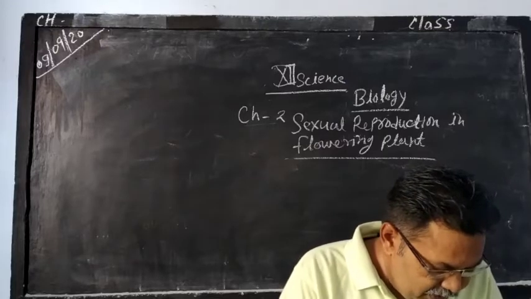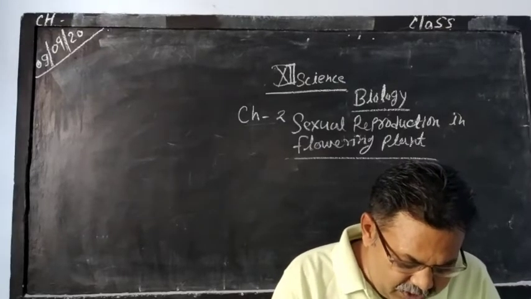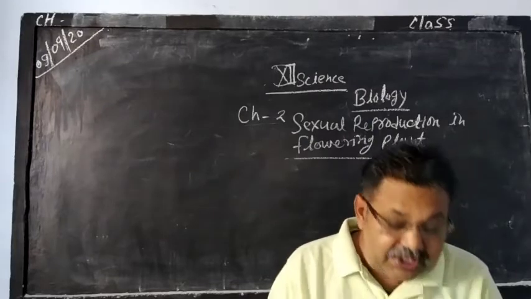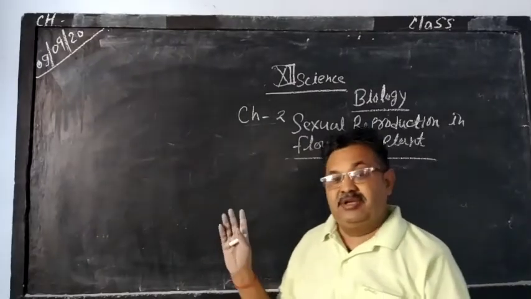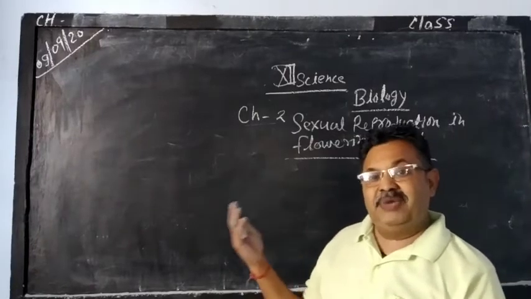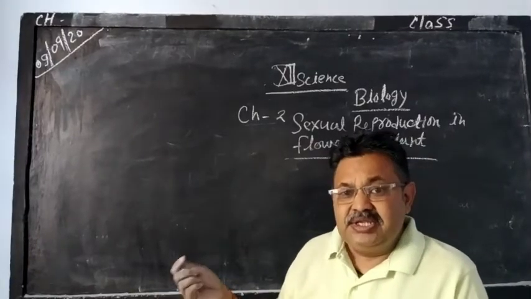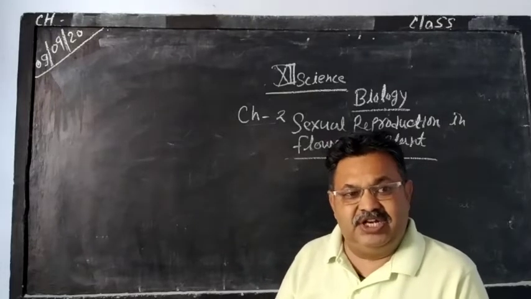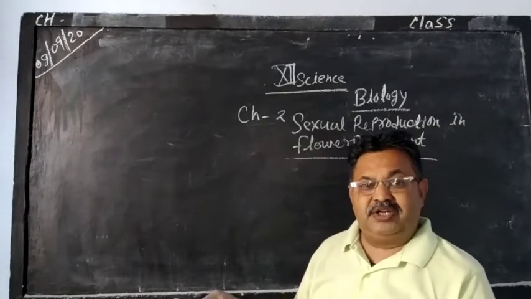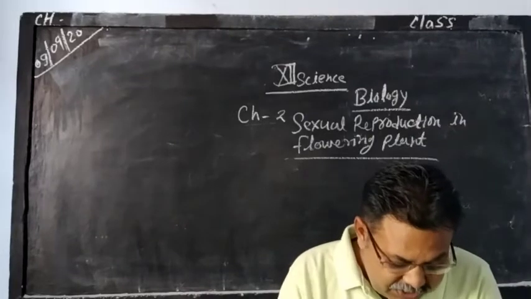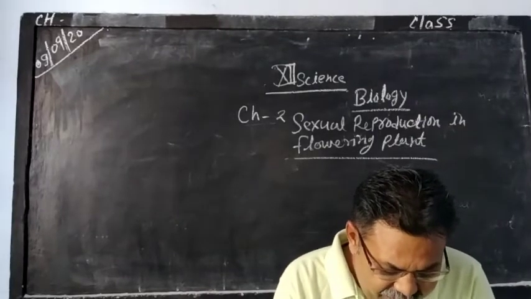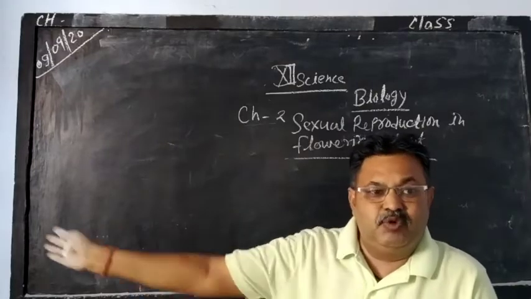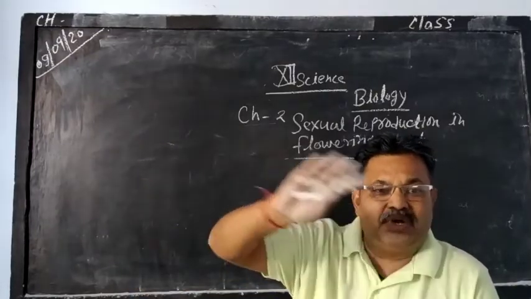Okay. Now our next topic of this chapter is dispersal of seeds. Dispersal of seeds happens by many methods, such as sowing the seeds in our field to grow plants or vegetation. First, dispersal by wind. By wind, seeds are moved from one place to another.